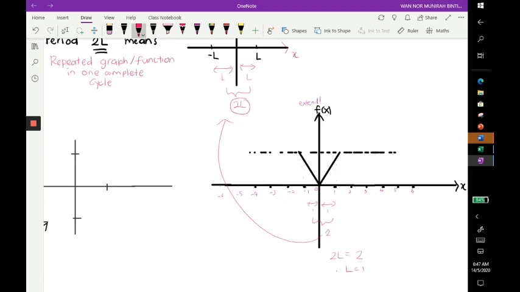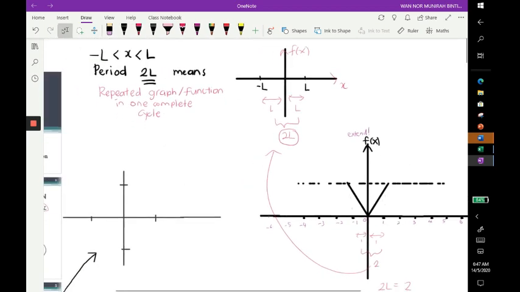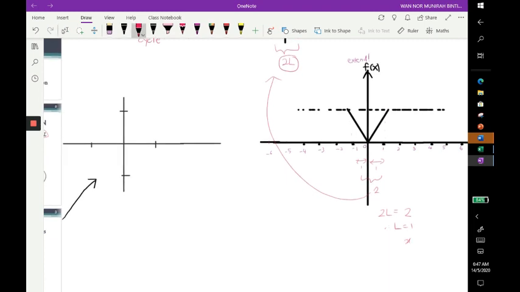This is true because by definition we have a function from negative L to L, and here x is from negative 1 to 1. So how do you get L equals 1? Negative L equals negative 1, so L equals 1.